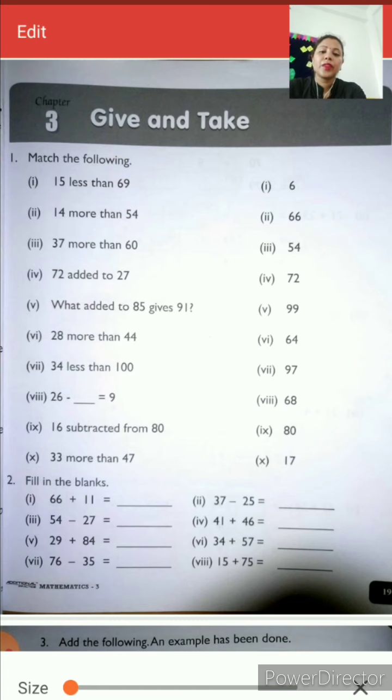Next question, question number 8 is 26 minus something and the answer is 9. 26 में से हम क्या minus करें कि answer 9 हो जाए.